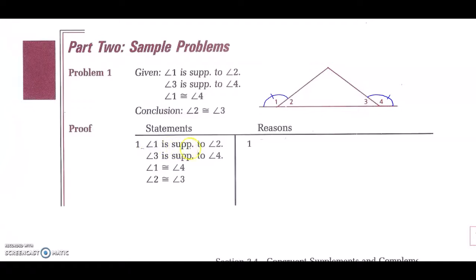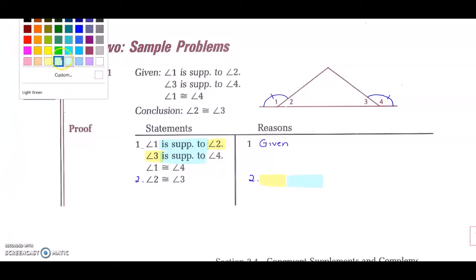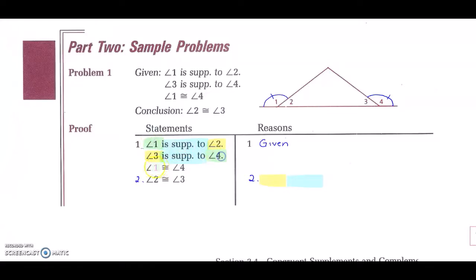So here I'm given angle 1 is supplementary to angle 2, 3 is supplementary to 4, and 1 is congruent to 4. In line 2, and remember to line up your statements and reasons both vertically and horizontally, I can say that angles that are supplementary to congruent angles.